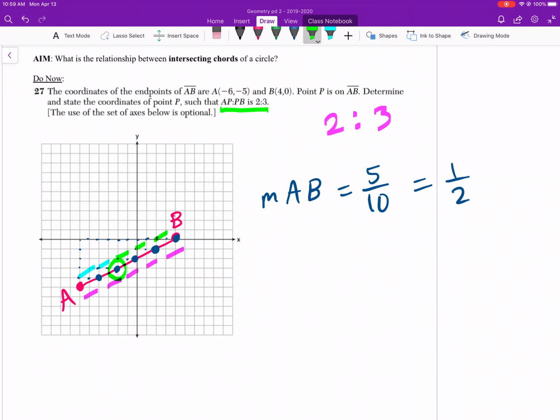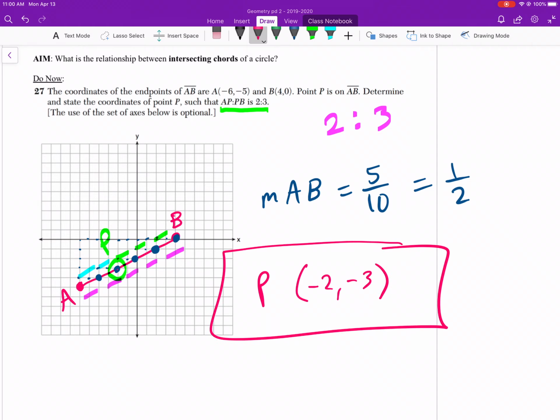That would be point P. Remember the problem said to state the coordinates, so what point is that? How would I write that as an ordered pair? So from the origin it would be left 2 and then down 3. So (-2, -3). That's your coordinate, and you're good to go.